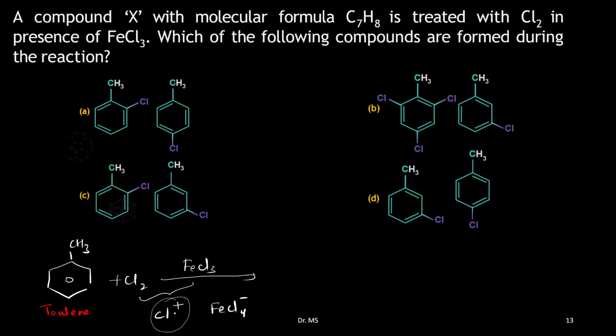And what will this electrophile do? If it is a hydrogen, then it can replace the hydrogen. But it is not the hydrogen. It's a methyl group. It cannot replace the methyl group here. So it will go and sit on this position or this position or this position. So what is this position called? I told you there are three different positions near to the R group.